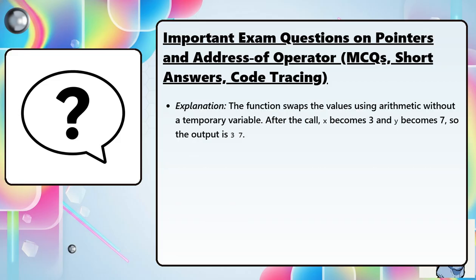Explanation: the function swaps the values using arithmetic without a temporary variable. After the call, x becomes 3 and y becomes 7, so the output is 3 7.